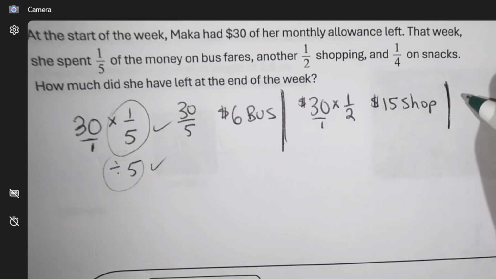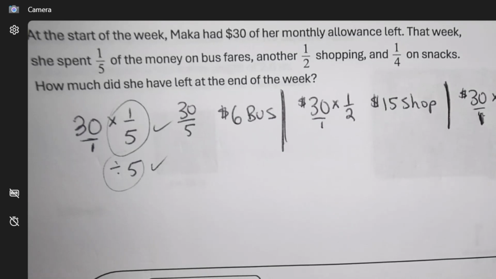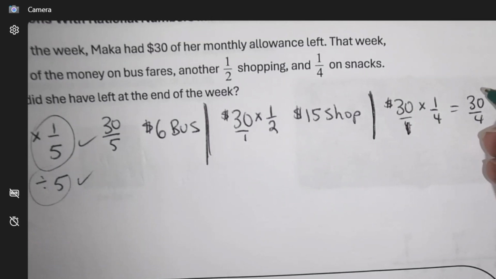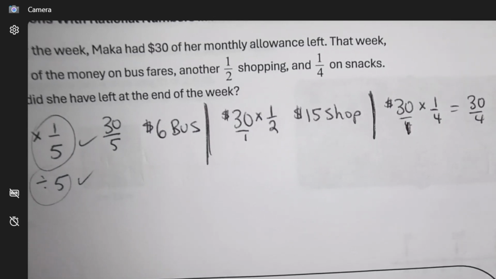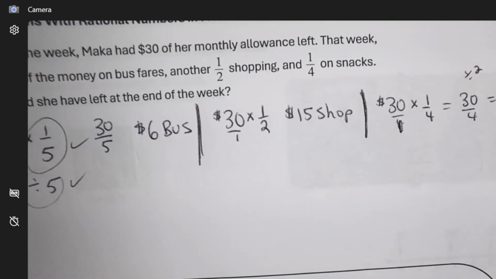And $30 times a quarter. I don't think this is going to be a nice number. So let's go 30 over 4. Can we reduce that? Divide by 2, so 15 over 2.